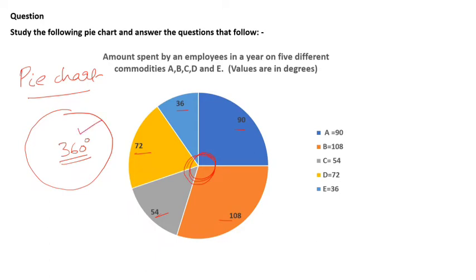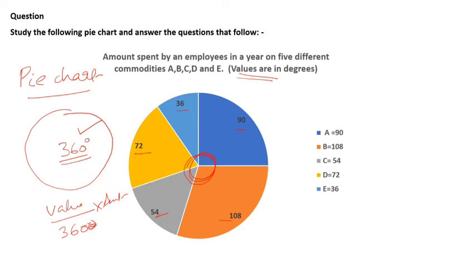Whenever values are given in degrees, and we have some amount to be divided, you have to multiply that particular amount by a fraction: the value given, divided by 360, into amount.